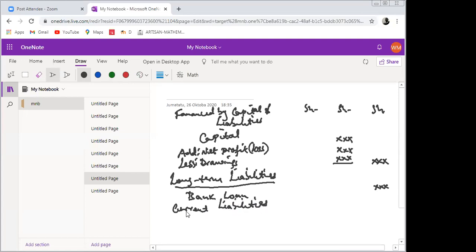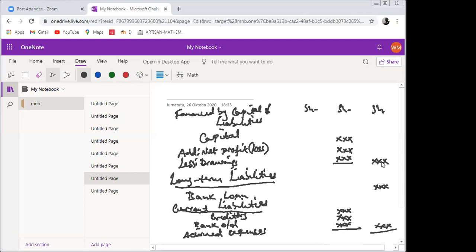The current liabilities are going to be items like creditors or accounts payable, bank overdraft, and accrued expenses. You include them here so that you can add them, and you transfer the figure here.